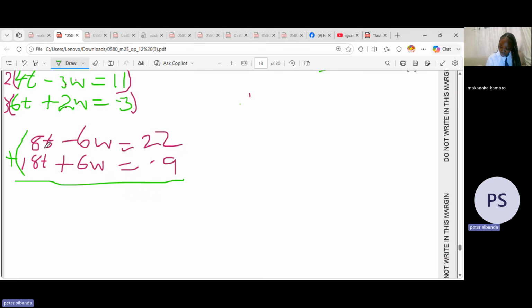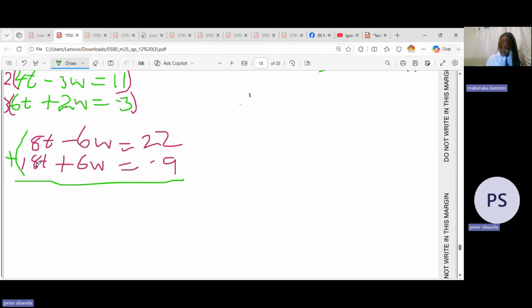So if we add 8t plus 18t, what do we get? Remember, this is 8t plus 18t. That's 10t. Sorry, 26t. If this was money, $8 plus $18, then you end up with $10? How?